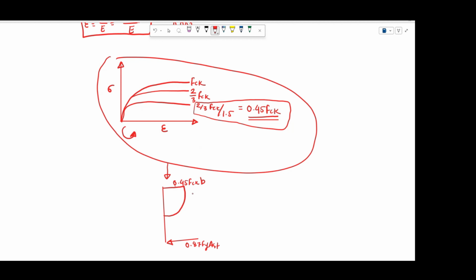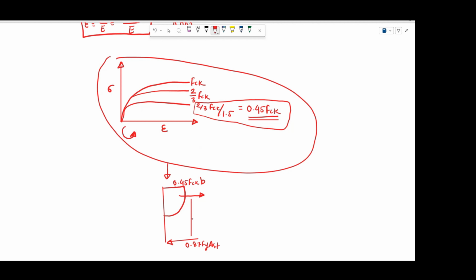So this is how your 0.45 fck into b comes out to be on top. Now, this is forming a lever arm. The centroid of this particular curve will be something here. Okay, just let me make it something like this. So now this will form a lever arm like this.